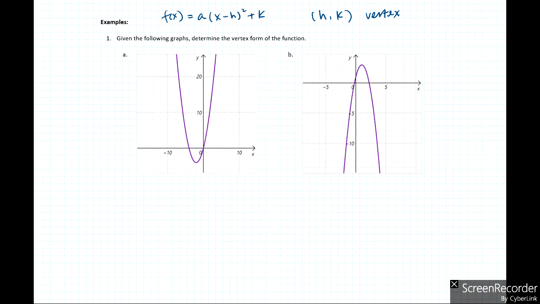If we look at part A, when we want to write things into the vertex form, we first want to identify what the vertex is. Here the vertex is right here. We want to be careful with identifying what scale is being used. On the horizontal and vertical directions, the scales are exactly the same because the tens on the x-axis and y-axis are at the same distance from 0.